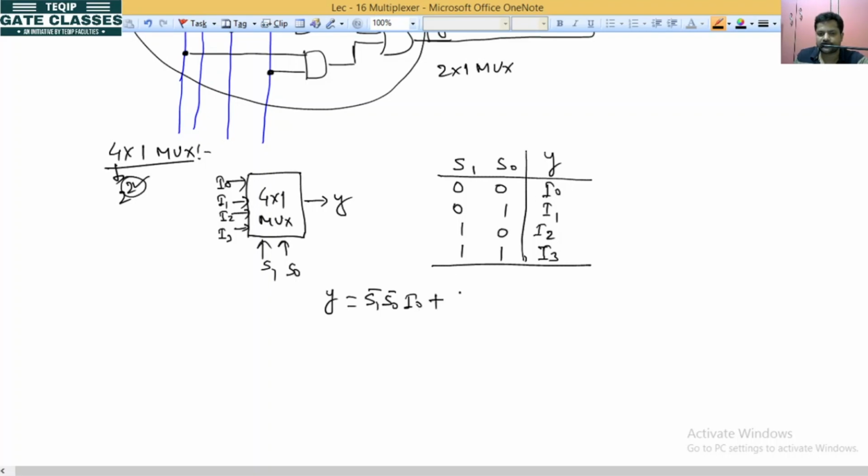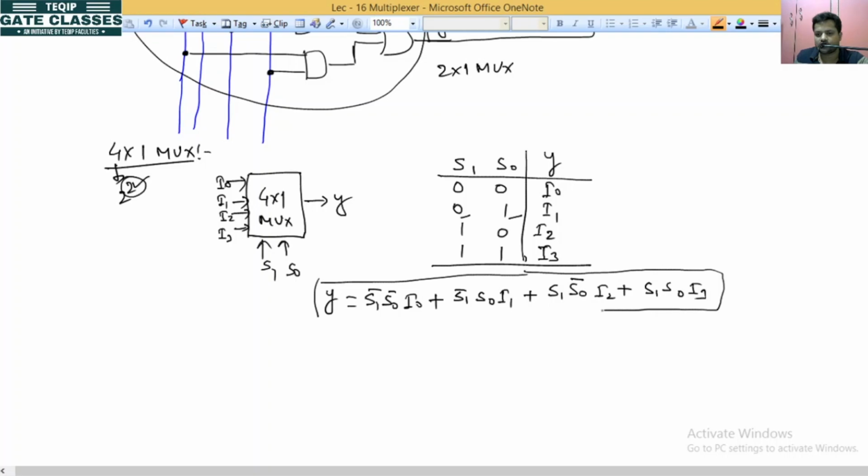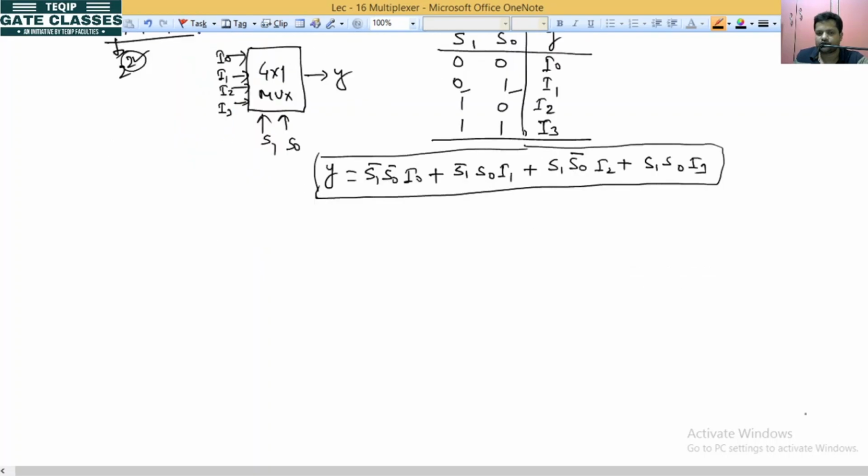So plus S1 bar S0, S1 bar from here, S0 from here, multiplied with I1, plus S1 S0 bar I2. Similarly we can write S1 S0 I3. So this is the expression for Y. This is the Boolean function of the 4 cross 1 mux.